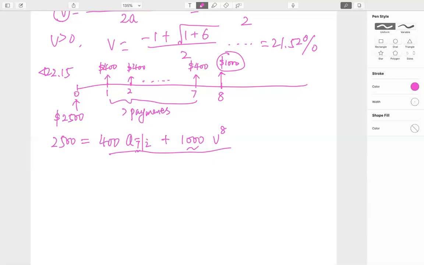The question now is how can we solve this. We know the present value is 400 times (1 minus (1 plus i) to the negative 7) divided by i, plus 1,000 divided by (1 plus i) to the 8th. So let's multiply by this factor on both sides.